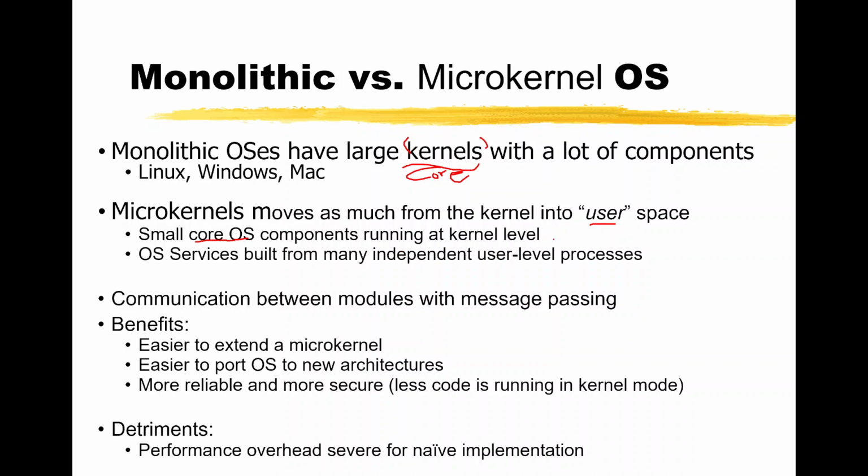So it moves some of the functions. For example, it could move memory management or file management to the user level, so that some things can be done at the user level. It must not always come straight to the kernel before it works. Some systems allow that, lightweight operating systems. The communication between modules is with message passing.